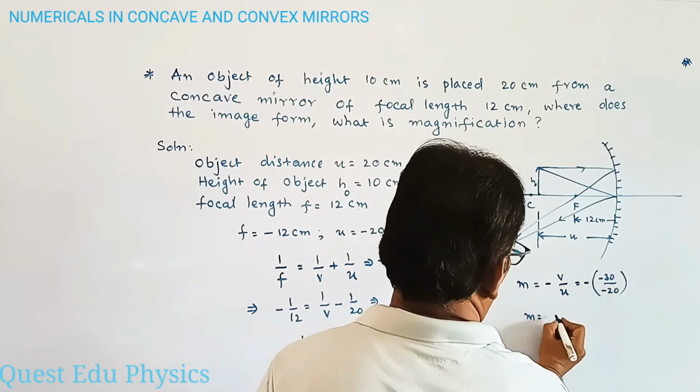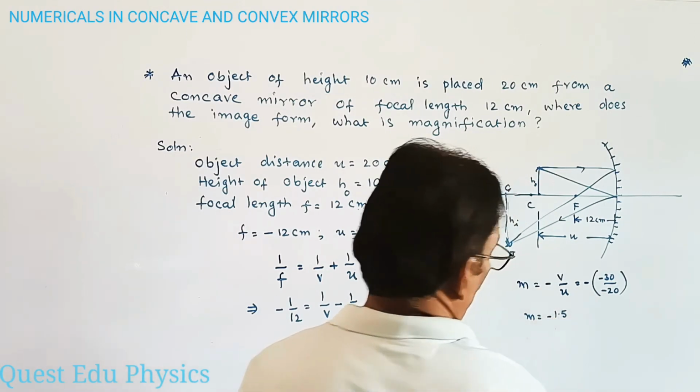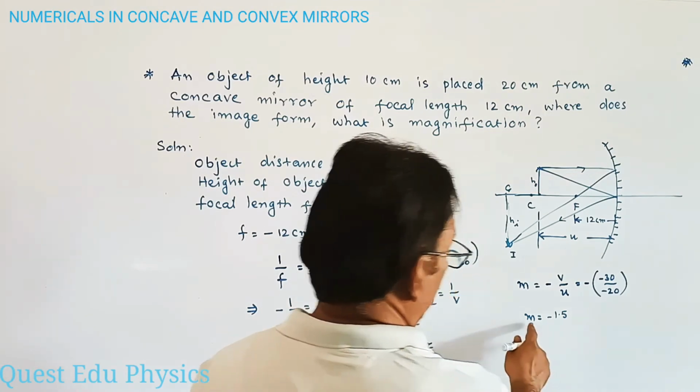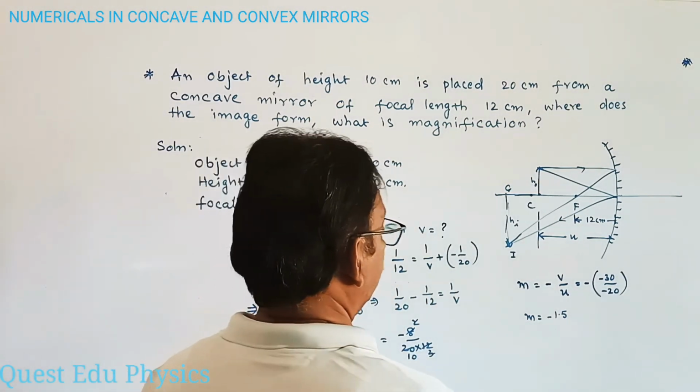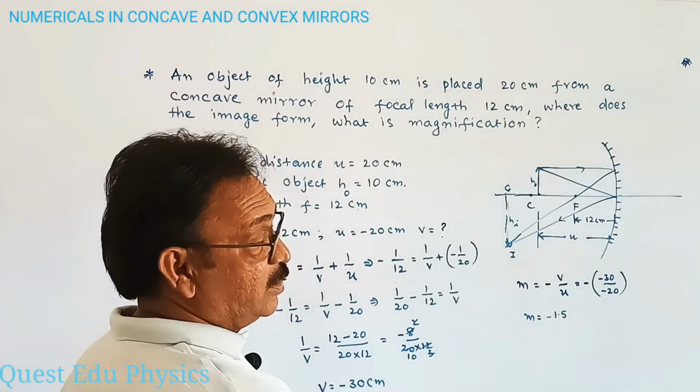Magnification is equal to 1.5. Here this negative sign indicates that it is an inverted image, students.